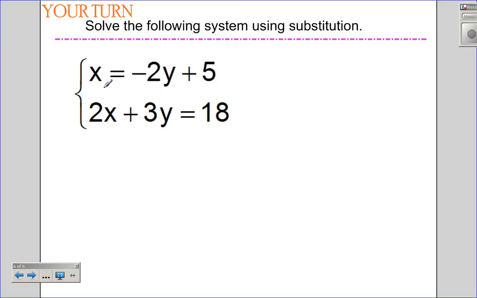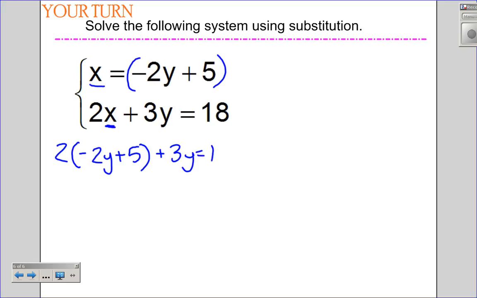Alright, so let's take a look here. Looks like I'm going to be substituting the x here in for this x down here. So I have 2 times x, which I'm substituting into y plus 5 plus 3y equals 18.